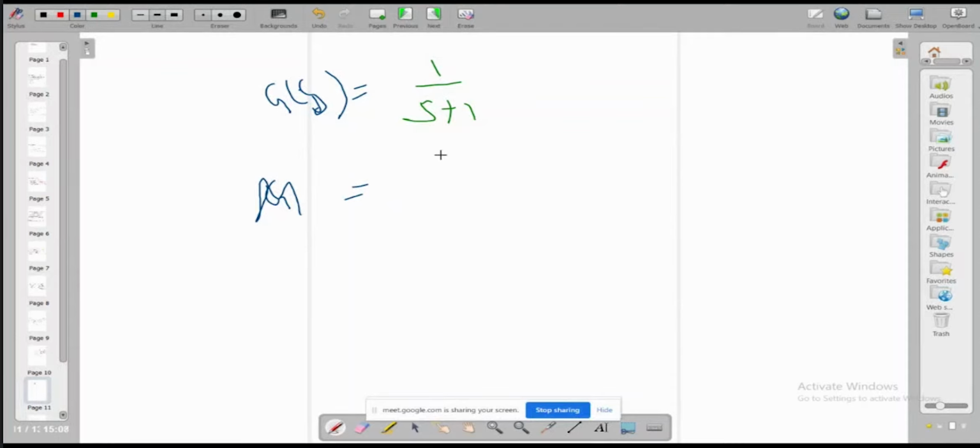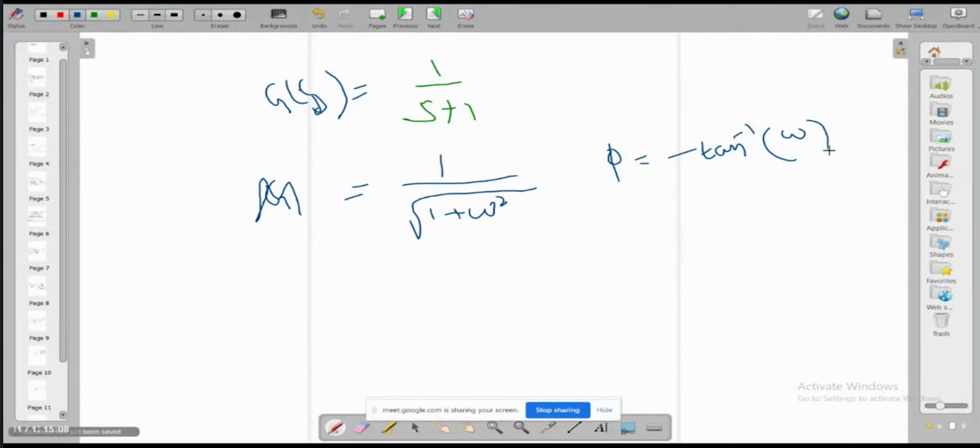So the magnitude will be 1 divided by the square root of 1 plus omega squared. And the phase will be minus tan inverse of omega by 1, so minus tan inverse omega.